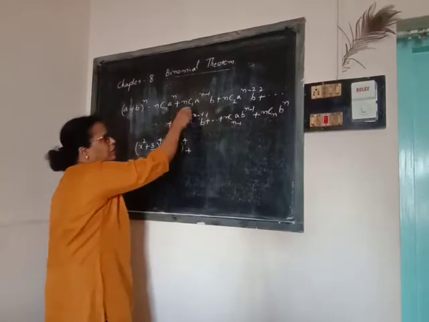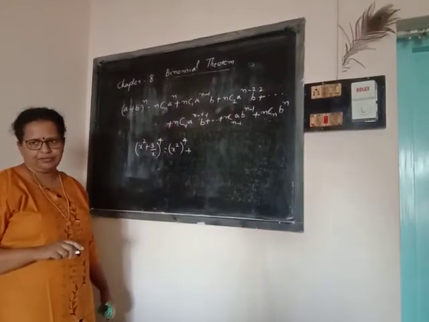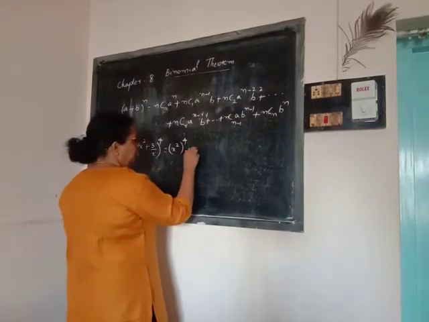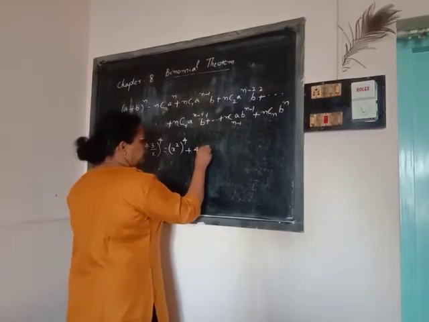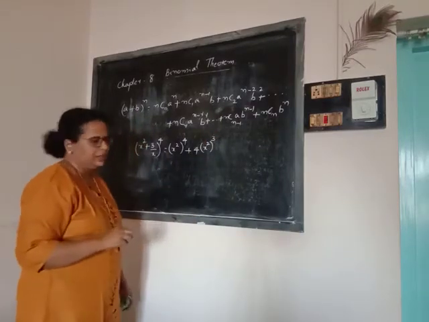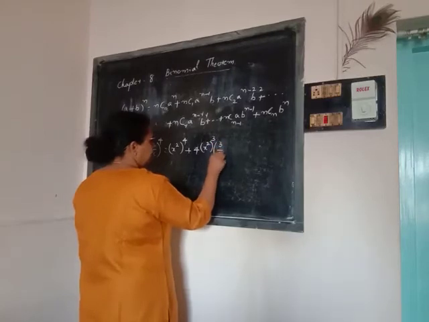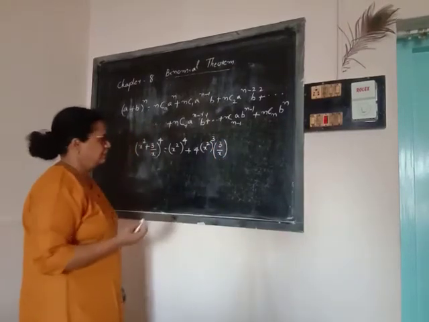Plus, if we want, you can write 4C1. 4C1 is 4 itself. So 4 x squared, then the power is 1 less, so it is cube. Then the next term will start. What is the next term? 3 by x.